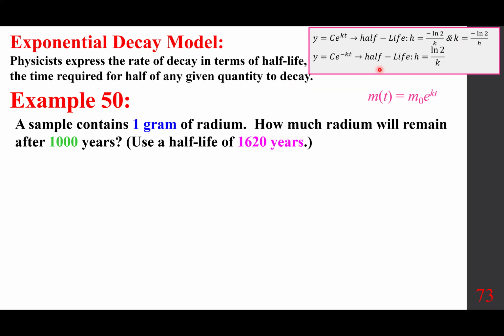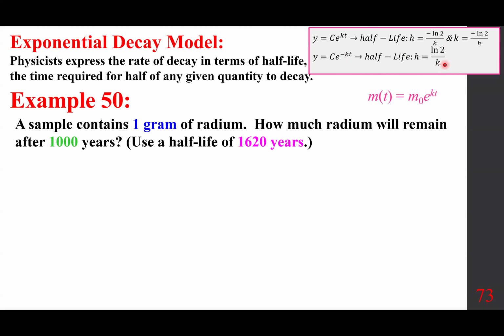I sort of remind you of what you should have seen in previous courses. In many cases, when it comes to exponential decay, they put the negative sign here. If the exponent contains the negative sign, y equals c e to the power minus kt, then half-life is just ln2 over k, which is really the same as doubling time as far as the formula is concerned.